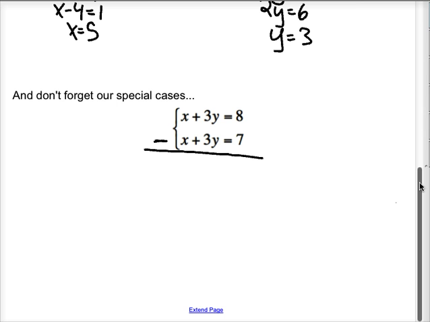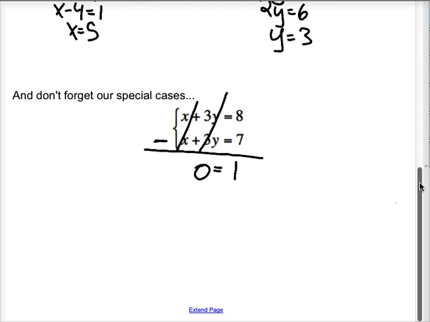x minus x, 3y minus 3y. Well, notice both of my variables dropped off this time. So this is what the special case looks like in terms of elimination. Then 8 minus 7 just gives you 1. So this is a false statement, right? 0 can't be 1.